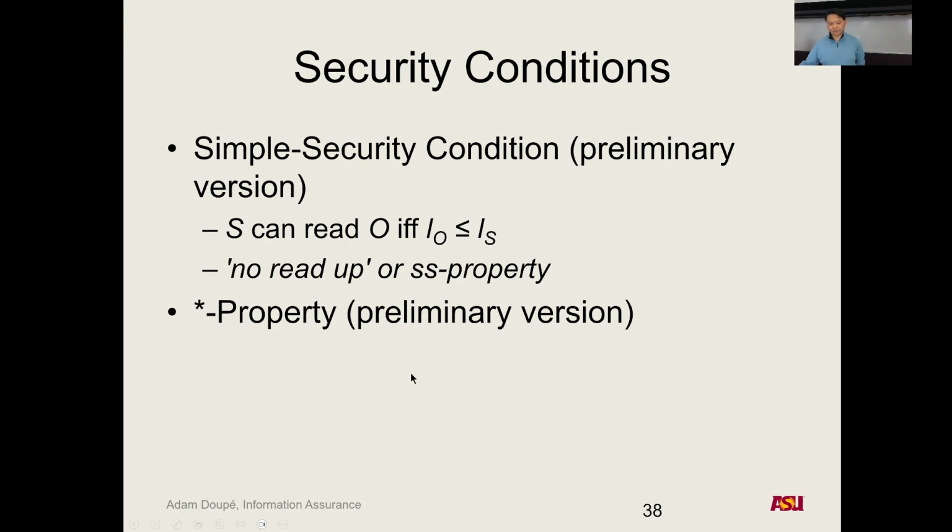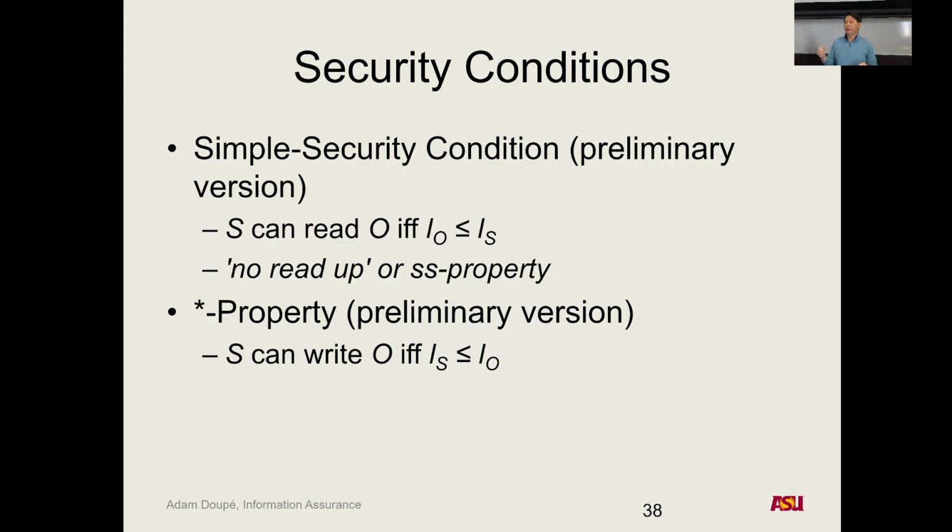What is that? The simple security condition: subject S can read object O if and only if the level of O is less than or equal to the level of the subject. That is straightforward, right?